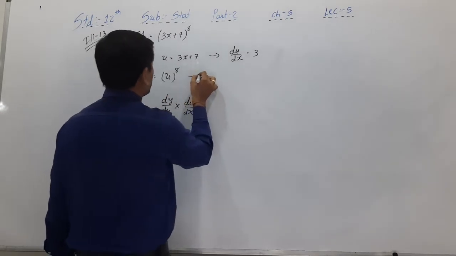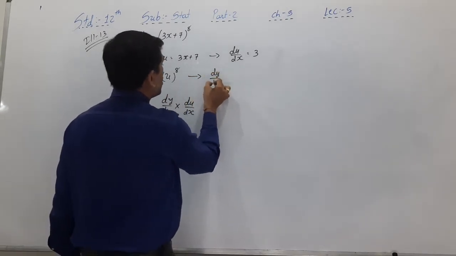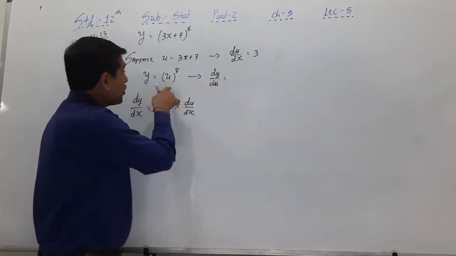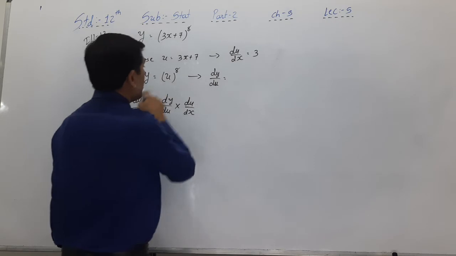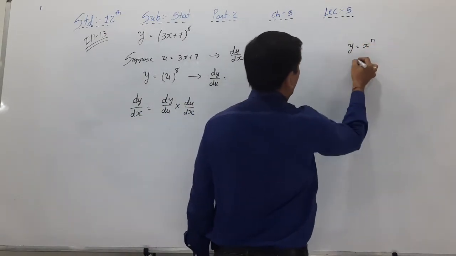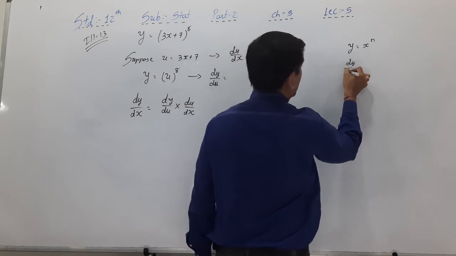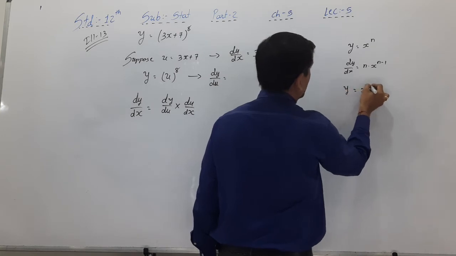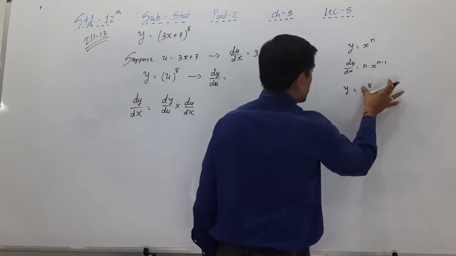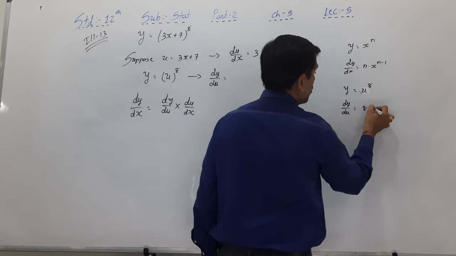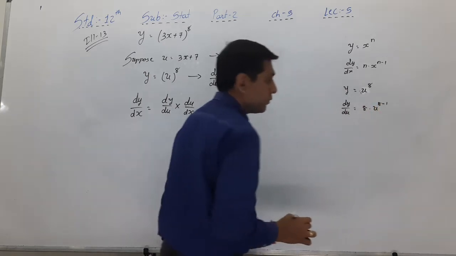Okay, now dy by du, we have to differentiate y with respect to u. Here what is the formula? See, y is equal to x raised to n, then dy by dx is equal to n into x raised to n minus 1. So if y is equal to u raised to 8, then dy by du, with respect to u, is 8 into u raised to 8 minus 1, right?